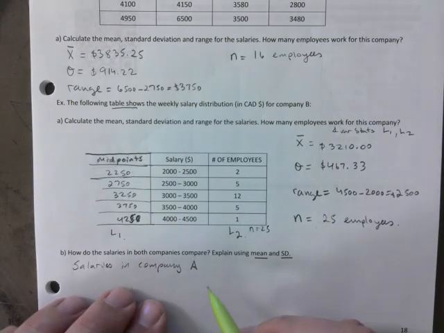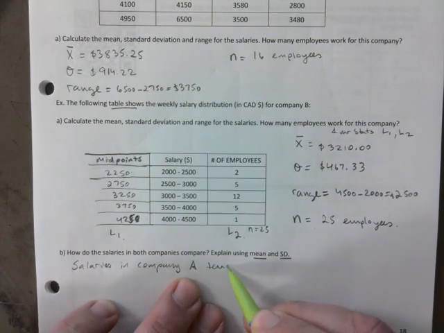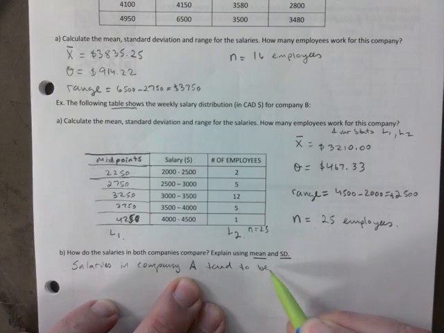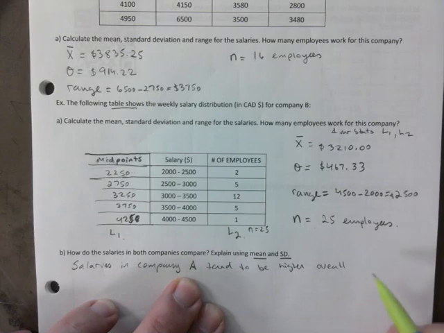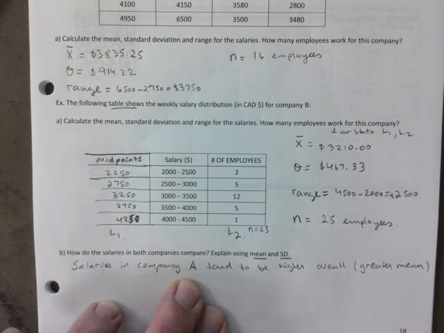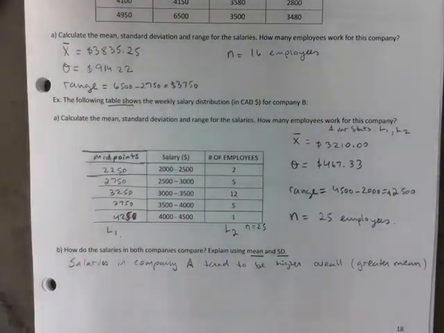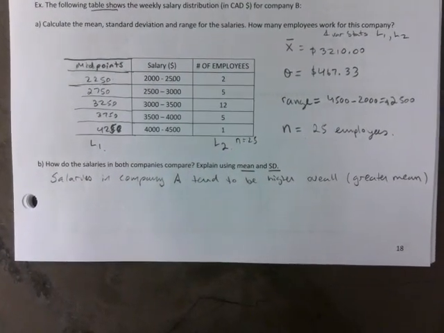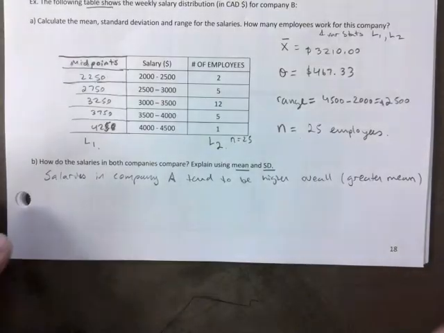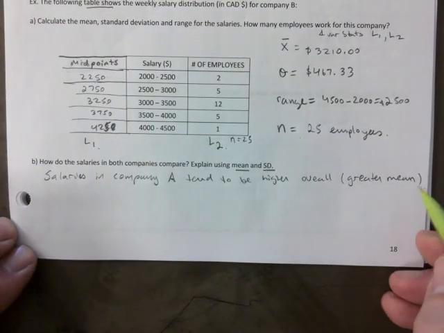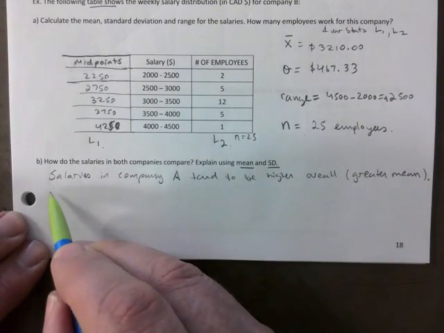You can say salaries tend to be higher overall. Greater mean. I'll just make a note. This is how I know company A has a greater mean. Okay. Let me bring that up because some of you in the back are trying to look over somebody's shoulder there. Greater mean. That's how I know that.